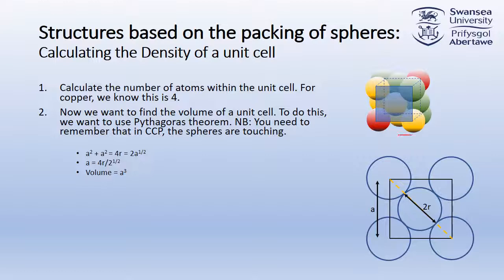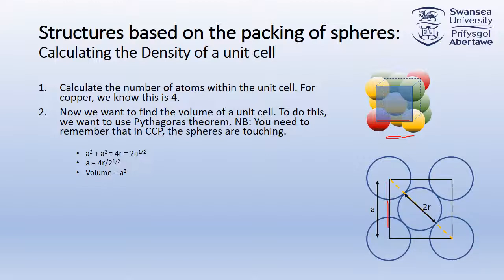So in order to get our unit cell density, we want to know the volume of this cubic cell. Okay, so what we can do is we want this length here. So how can we get that? So this is A here.